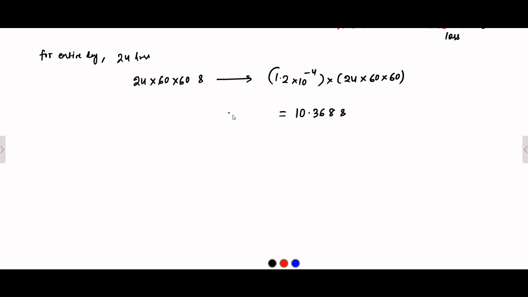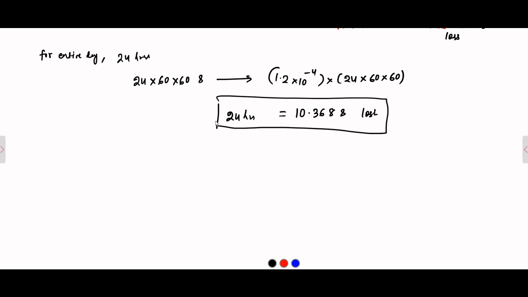So in the entire day, 24 hours, this many seconds are lost. So the clock is this many seconds behind at 40 degrees Celsius.